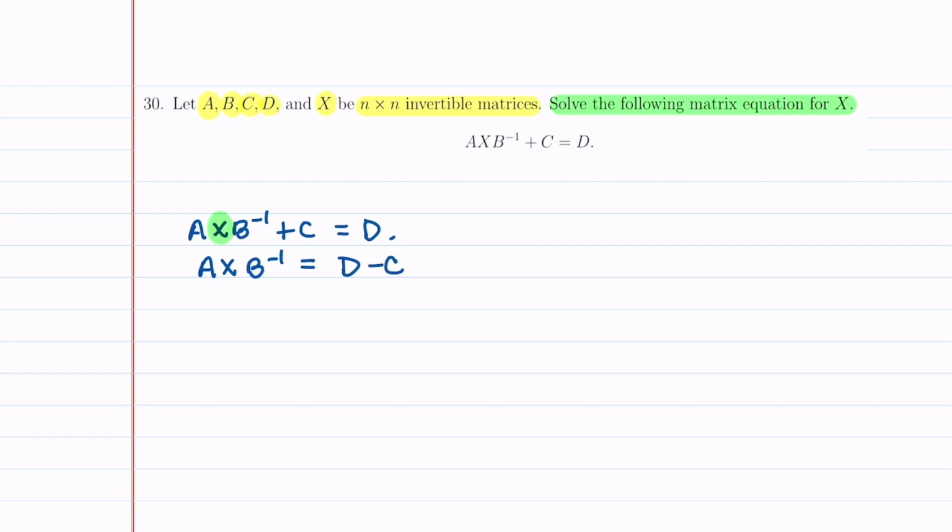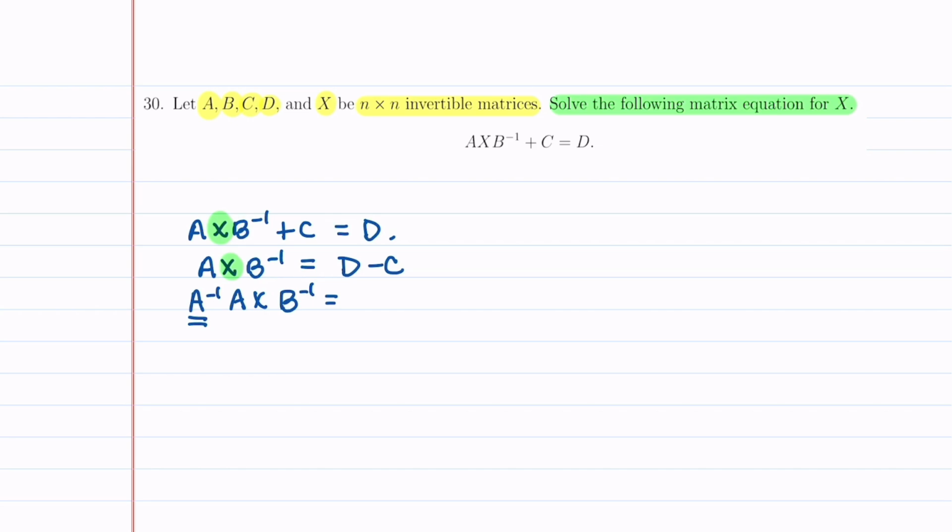Now, to isolate our X, we'll go ahead and highlight that. Let's get rid of A first. So to get rid of A on the left-hand side, we're going to multiply by A inverse. So A inverse times A X B inverse. Now, notice that we multiplied on the left side of our equation.